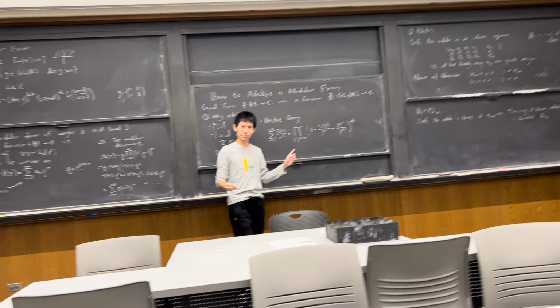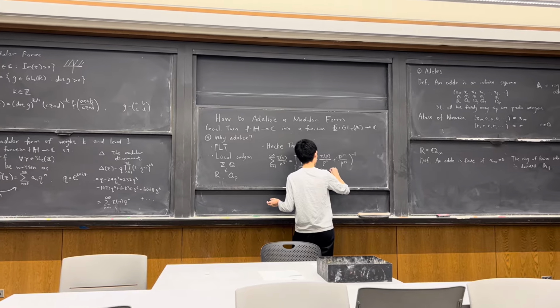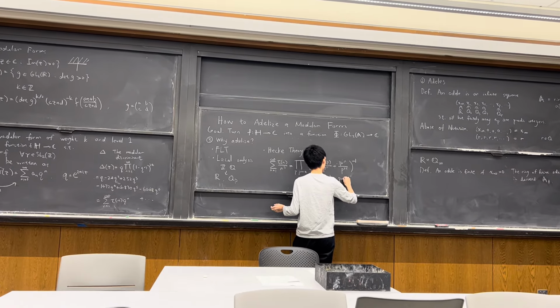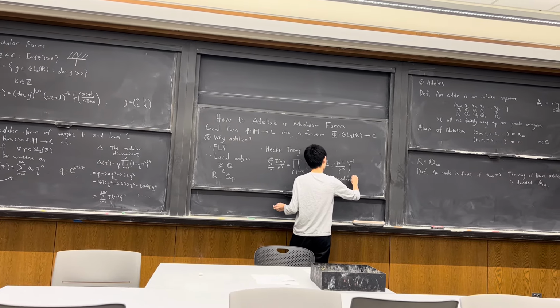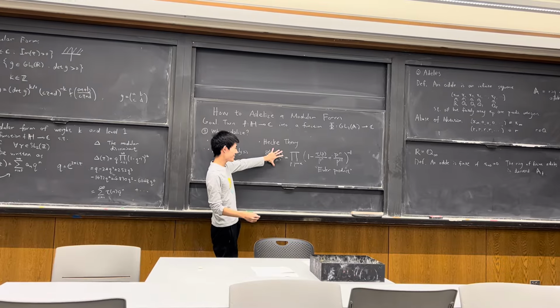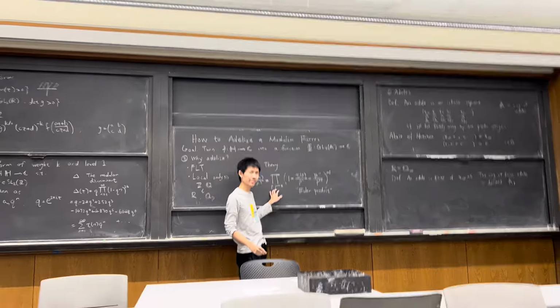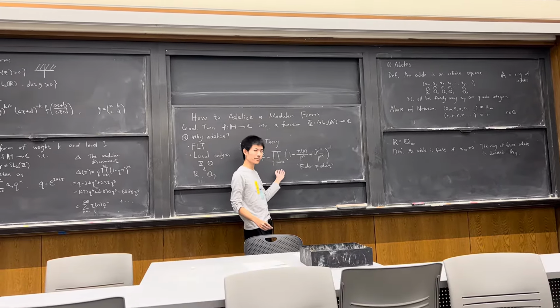This is called an Euler product formula. And as you can see, it allows us to separate this thing into components, each component from each prime.